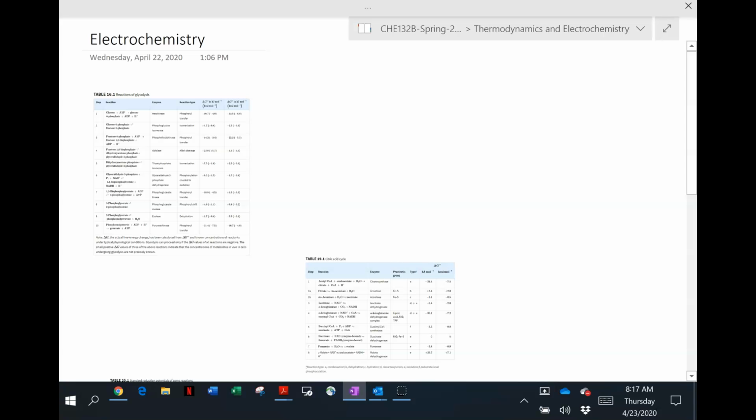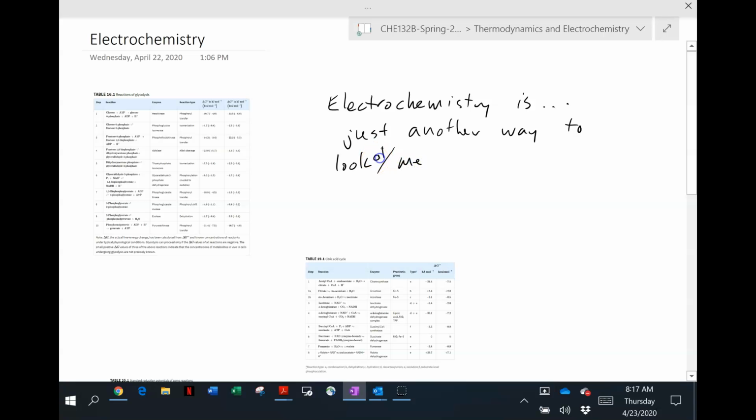So one of the first things is that electrochemistry is just another way, because there's going to be more than one, just another way to look at or measure thermodynamic favorability or non-favorability.